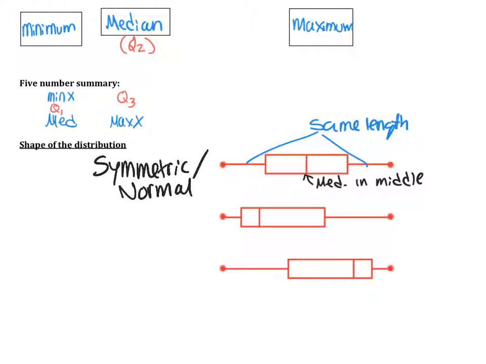And then if the right side is longer, the right whisker is longer, similar to when we were looking at histograms, if the tail went off to the right, this would be skewed right.